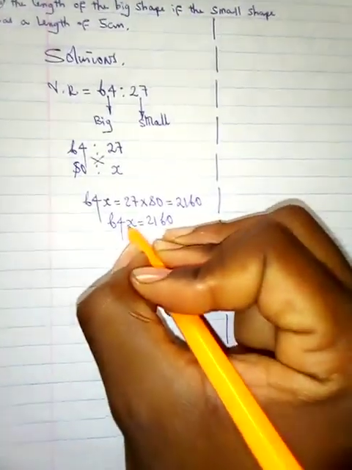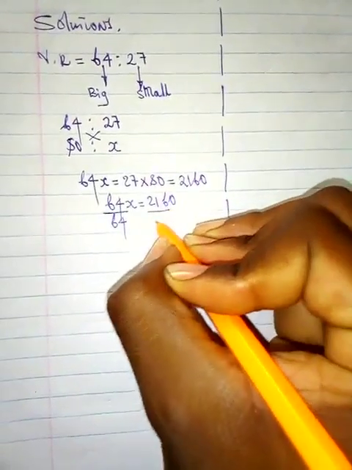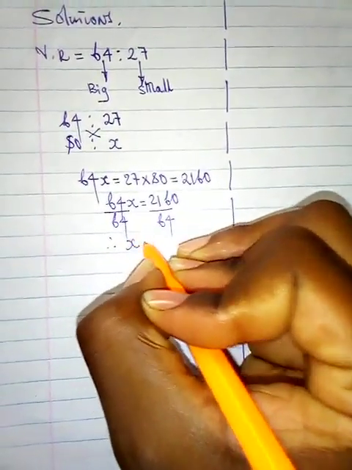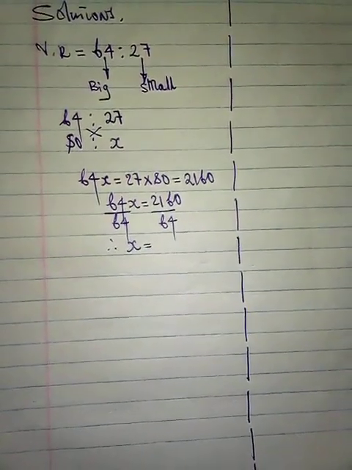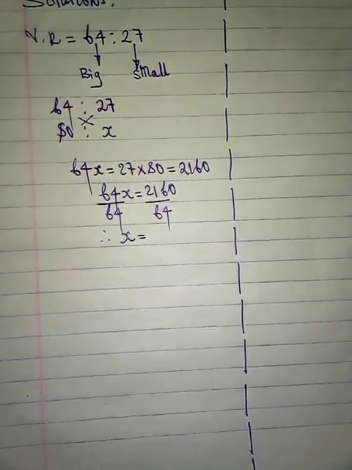We can now divide both sides by 64, and therefore your x value will be equal to 2160 divided by 64.